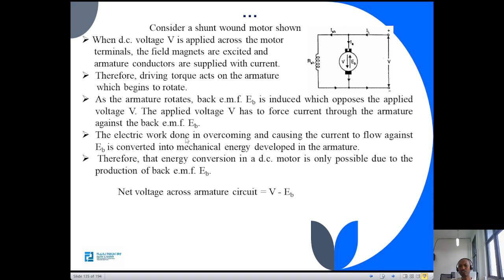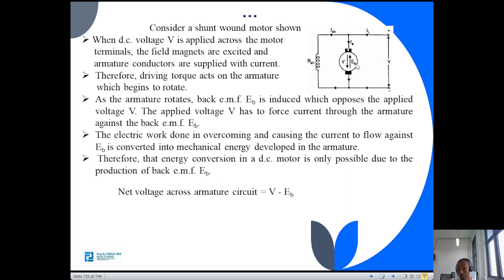Therefore, the electric work done in overcoming and causing the current to flow against EB is converted into mechanical energy developed in the armature. Now work is going to be done in energy conversion here. Therefore energy conversion in a DC motor is only possible due to the production of back EMF.